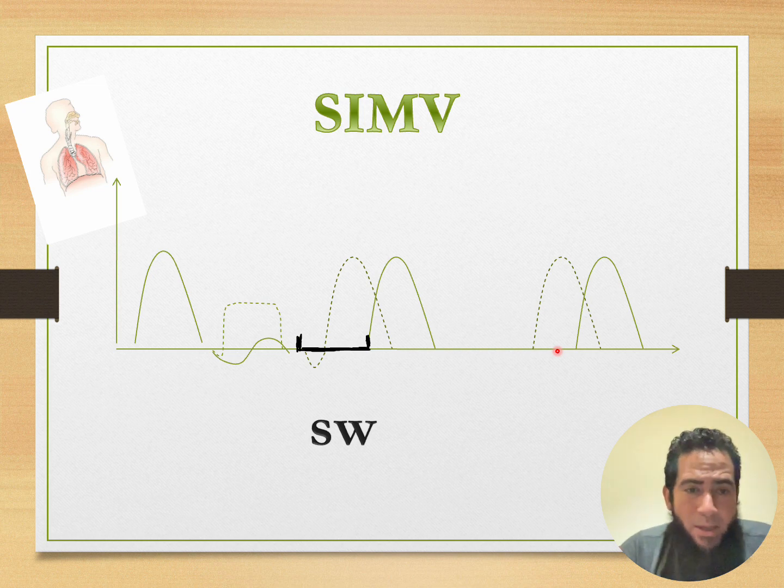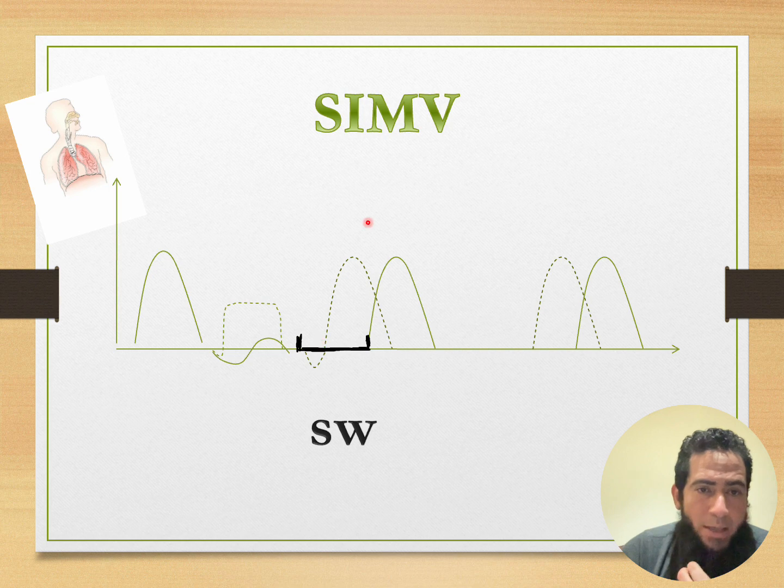Because we found that the problem of the IMV is the later part of the interval between mandatory breaths: if a spontaneous breath comes here and before the exhalation the next mandatory breath comes, this is the problem.